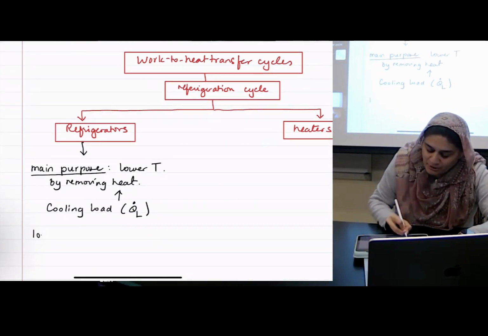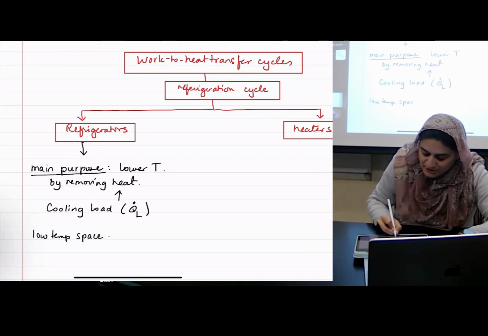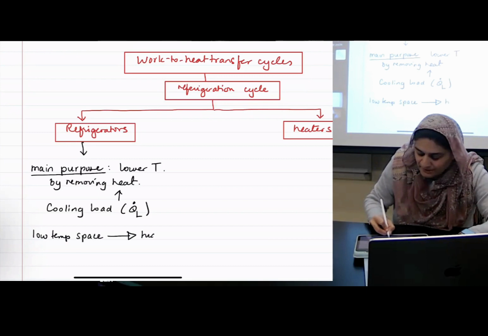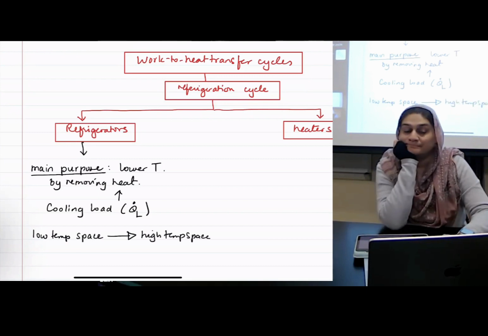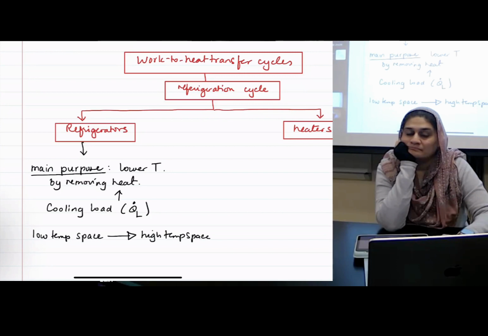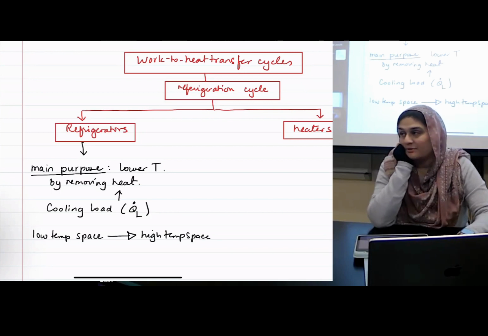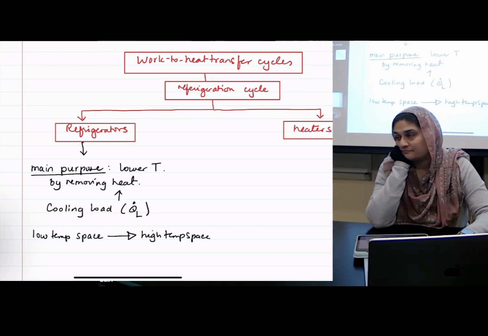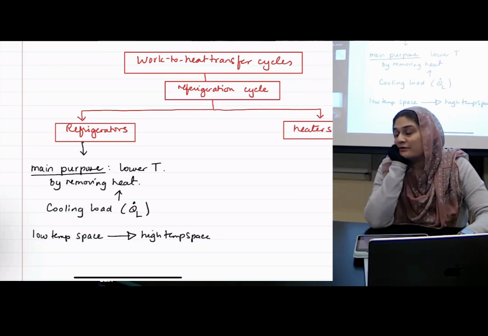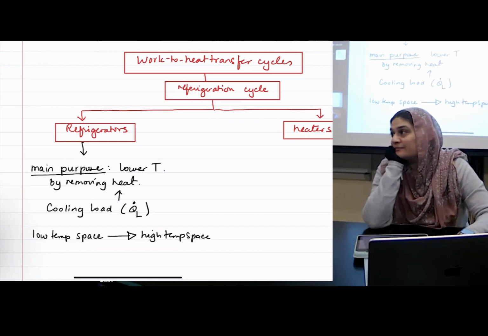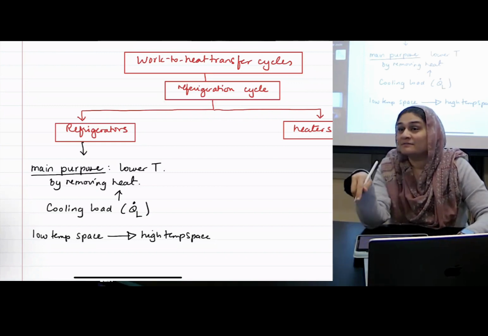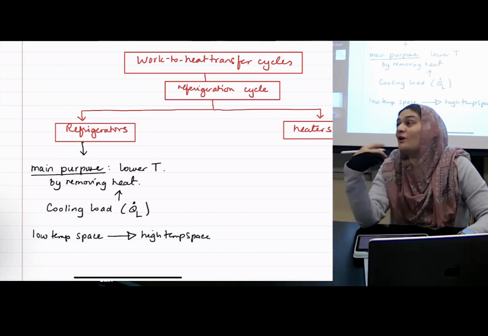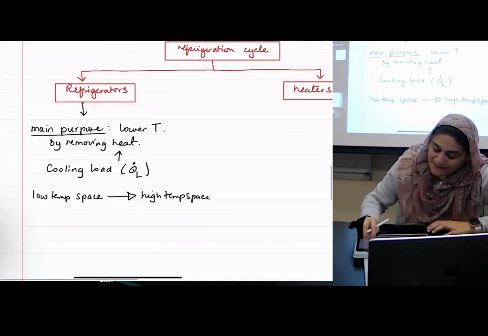From low temperature space to high temperature space. So what could be a low temperature space? Inside of the fridge, inside of a room. What could be a high temperature space? The room itself versus outside. Okay, all of those. Whatever that space may be.